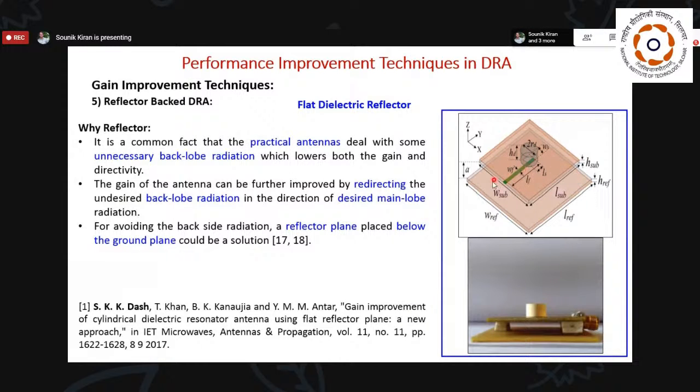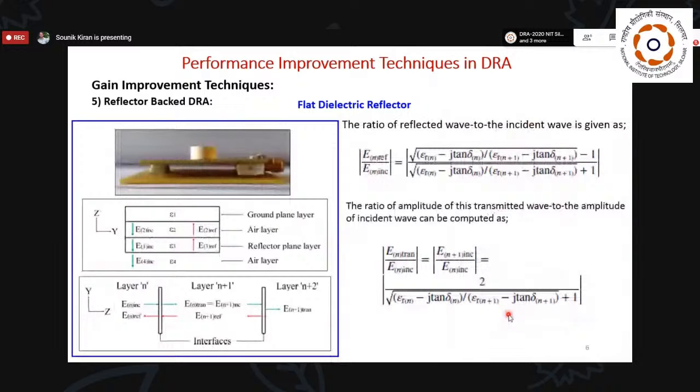We have used a simple microstrip line, and what we did here is we just placed a reflector below that substrate. We can see the fabricated prototype on the right hand side. This work was done by us and published in IET Microwaves, Antennas and Propagation in 2017. So let us move into the detail of how we started designing this antenna.